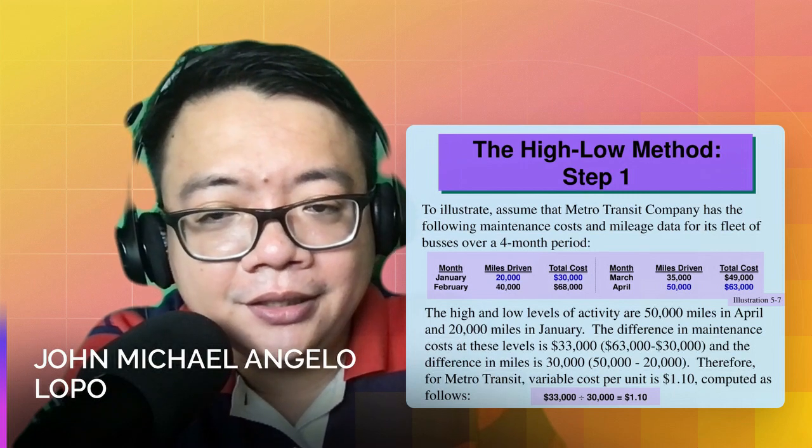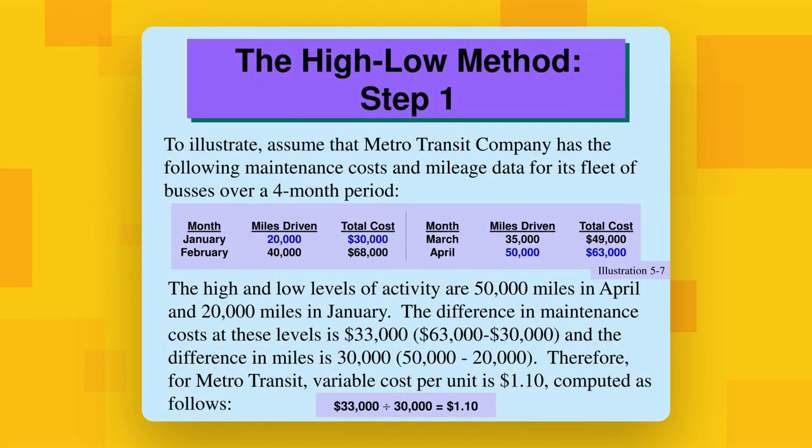Very good. It is 50 on April. What would be the cost of the highest activity? It's 63,000, not 68,000. Look at February, you have 68,000 there. Isn't that the highest cost? Yes, but it should be the cost of the highest activity, which is 63,000.